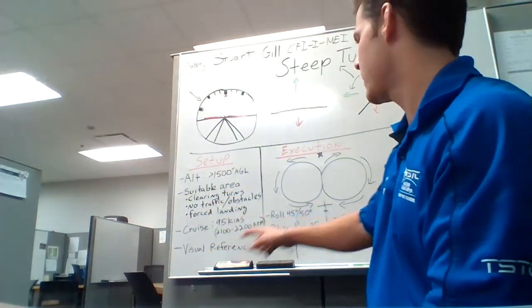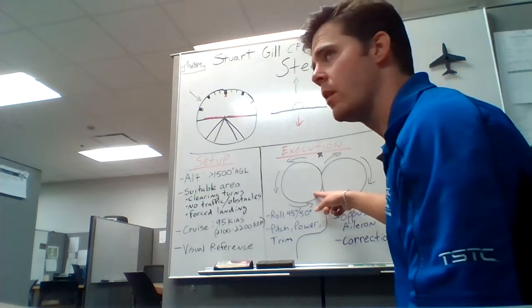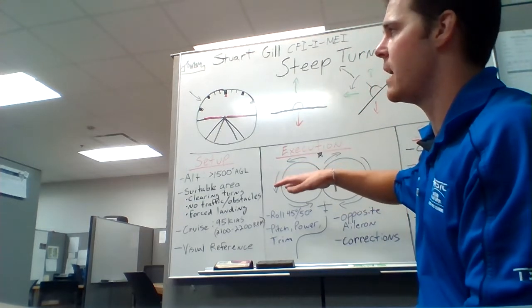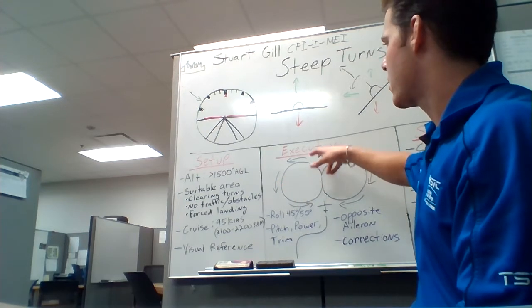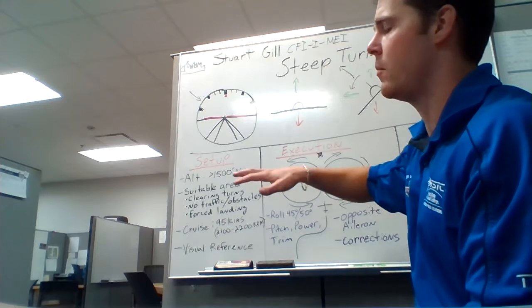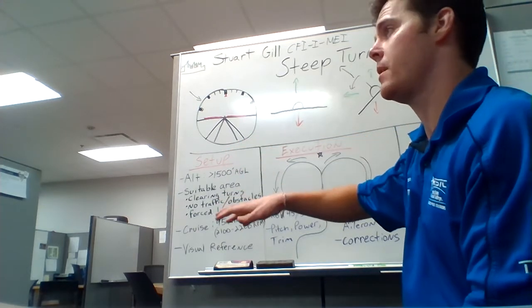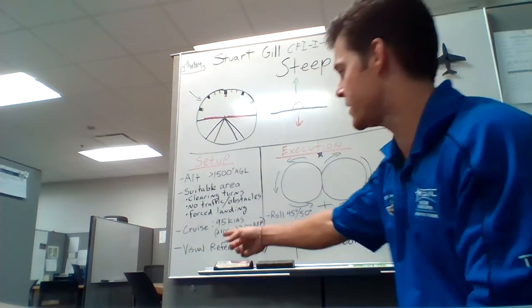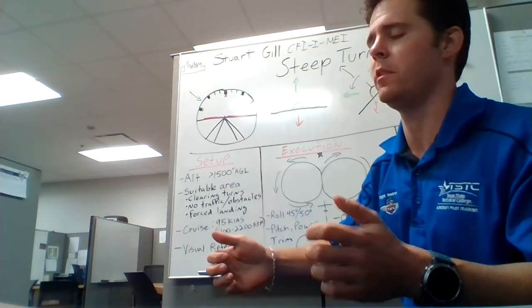All right, so coming around about 2/3 to 3/4 of the way through our turn, we're looking over our left shoulder, spotting our visual reference, and timing our rollout such that we roll wings level on our heading. When we come out of that bank towards wings level, passing through 30 degrees again, we want to bring the power back out to where it was when we started, and we'll relieve the back pressure.